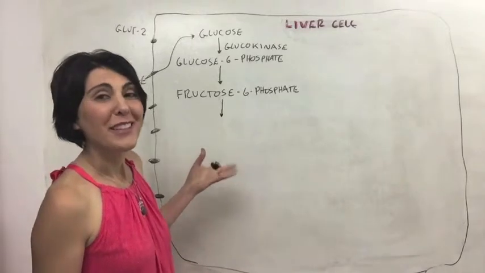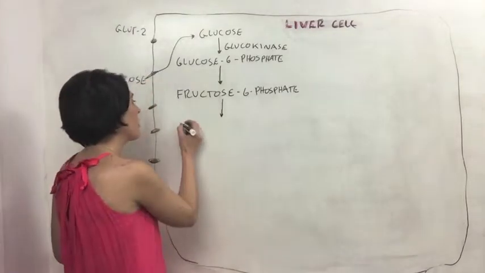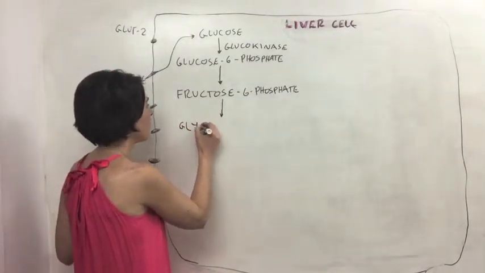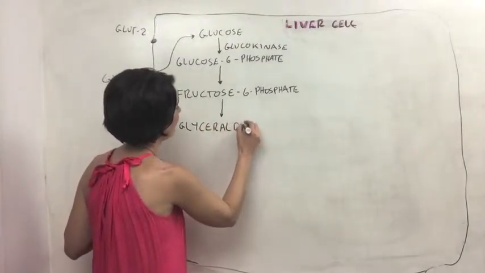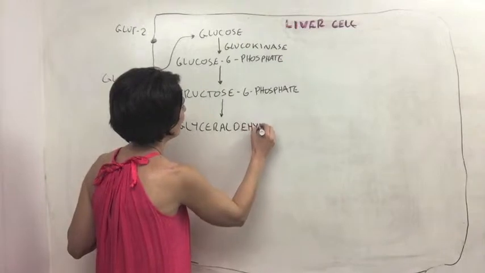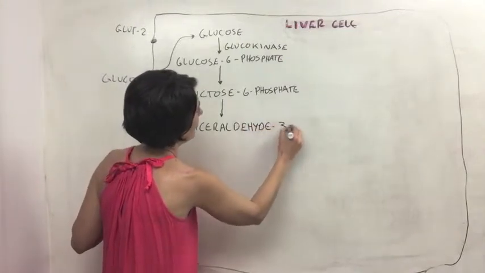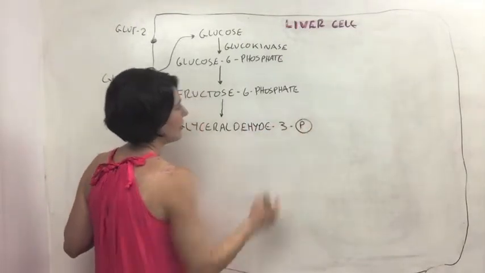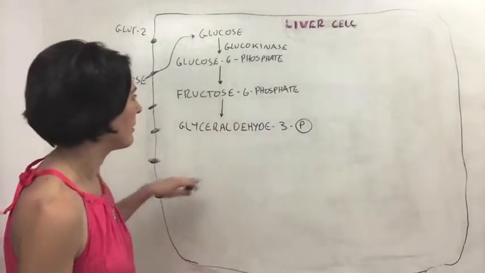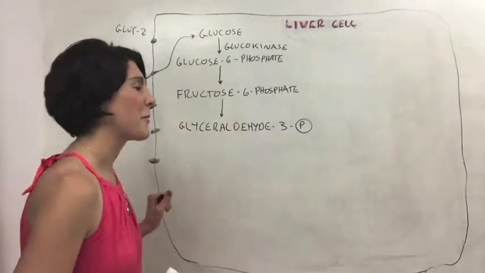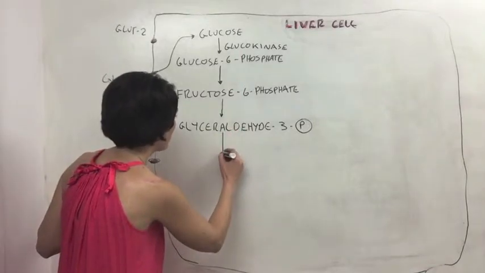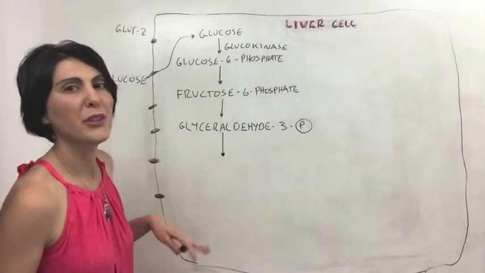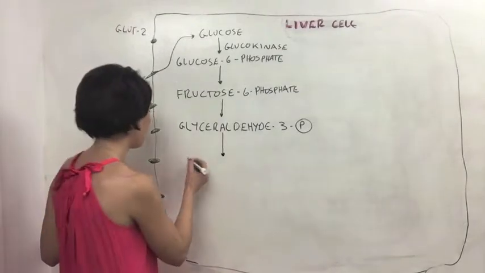Fructose 6-phosphate eventually will be converted to glyceraldehyde phosphate. I'm just doing the phosphate like this from now on. It's quicker, takes less time. And glyceraldehyde 3-phosphate will eventually be converted to pyruvate.